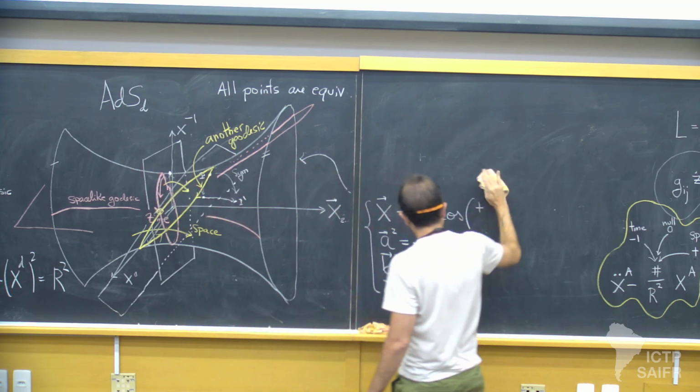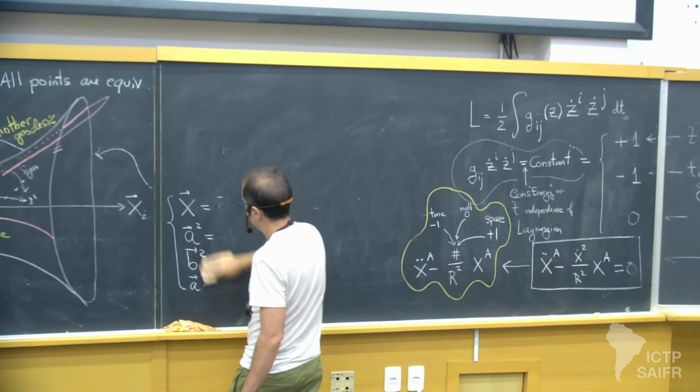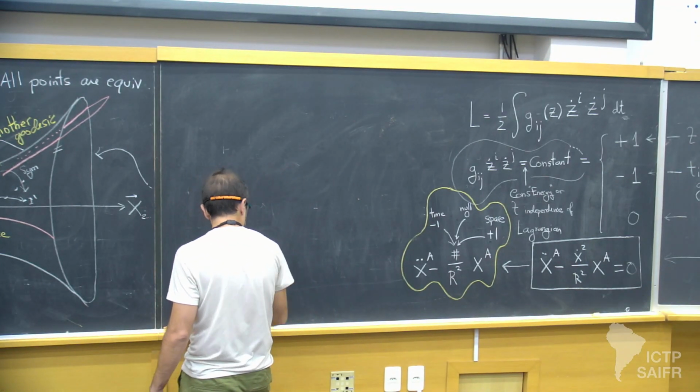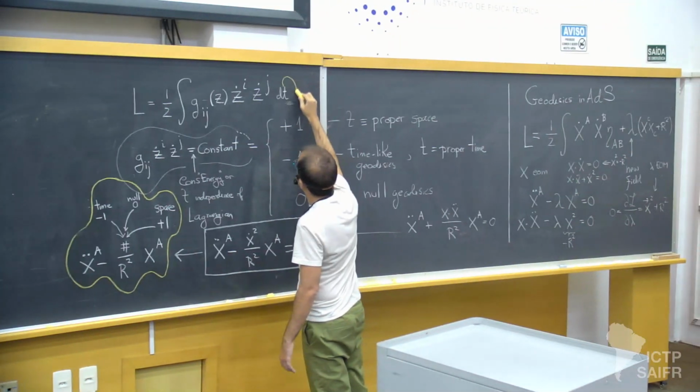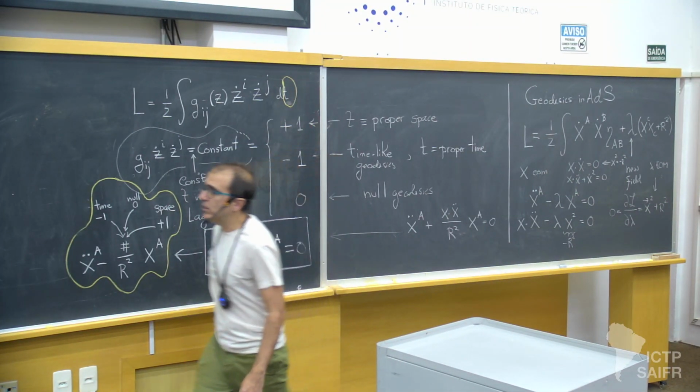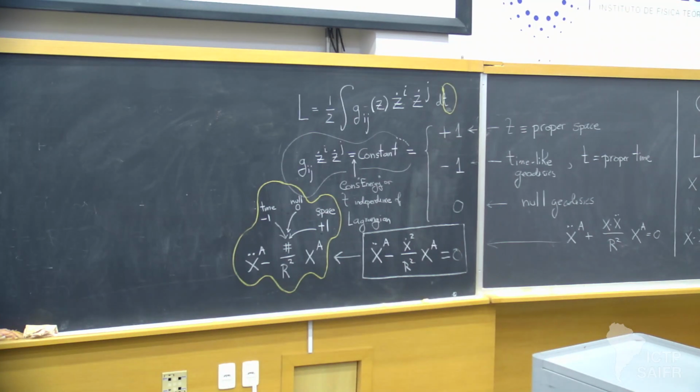By the way, let me make one important comment. I'm using time here, t, and here I'm using t. This is what's called the ADS global time.